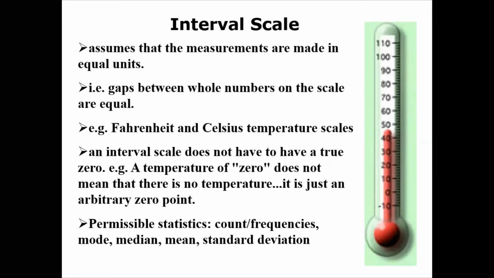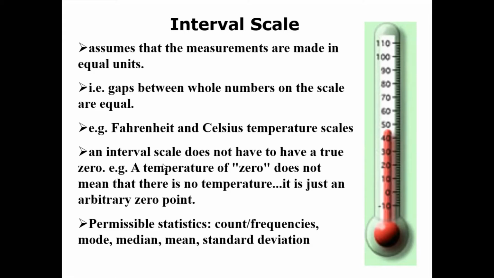You can see the examples for interval scale are the Fahrenheit and Celsius temperature scales. See, or the normal scale also, we use 10 centimeter, next after that 20 centimeter, 20 to 30. So it represents an equal difference. The difference between each unit is the same and equal, one after another.